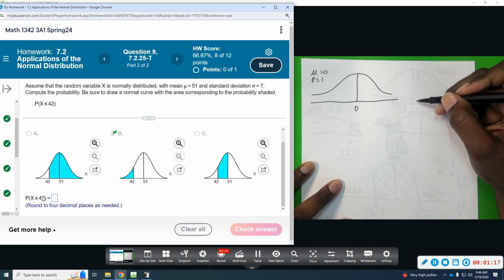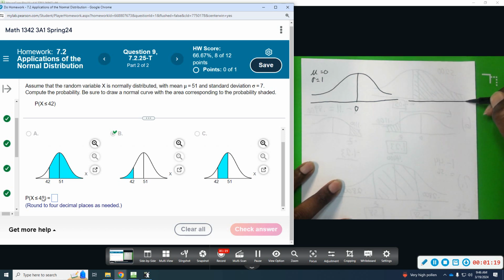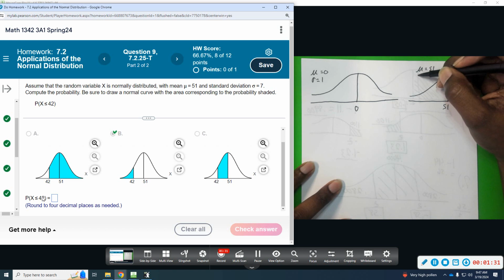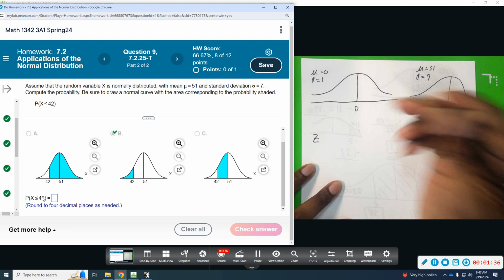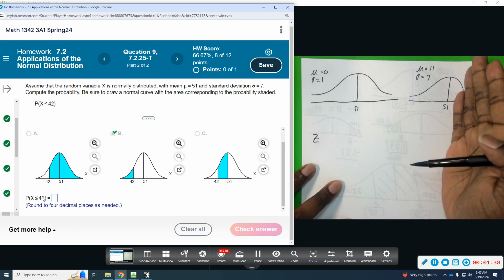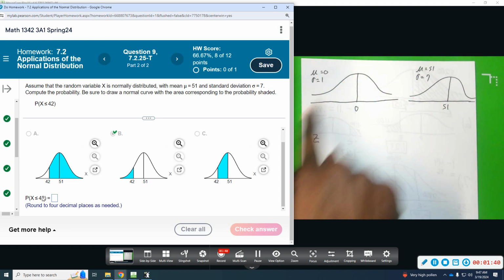Our actual graph is saying the mean is 51 and the standard deviation is 7. When we do that Z formula, we're basically taking this 51 and shifting it back so that it follows this pattern.